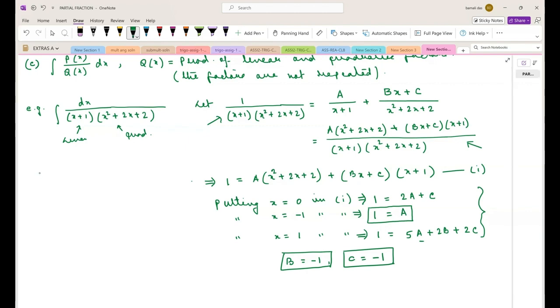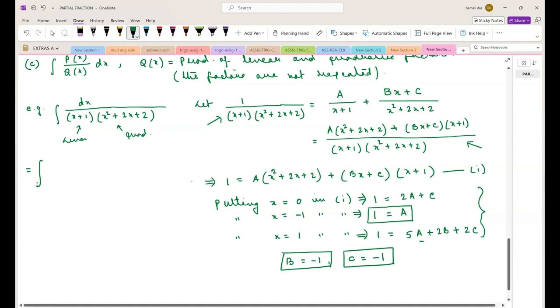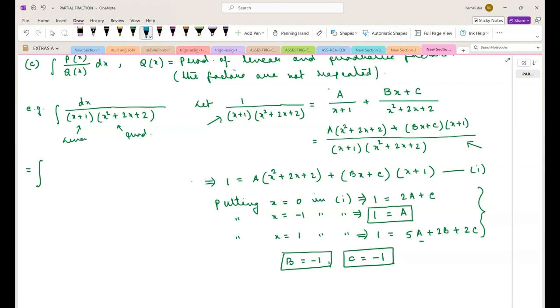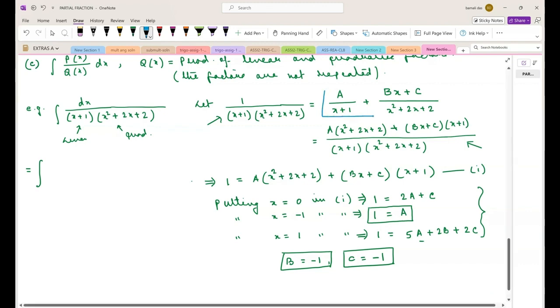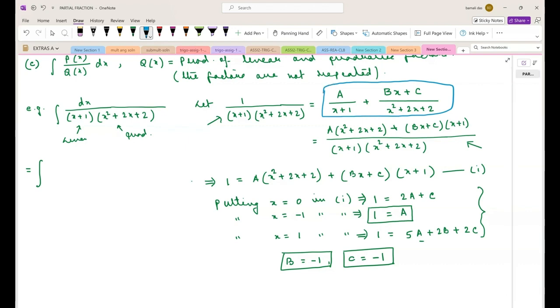So what happens to my integral? Now I'm going to use this form, this expression, instead of the given integral, where I will substitute back the values of a and b.